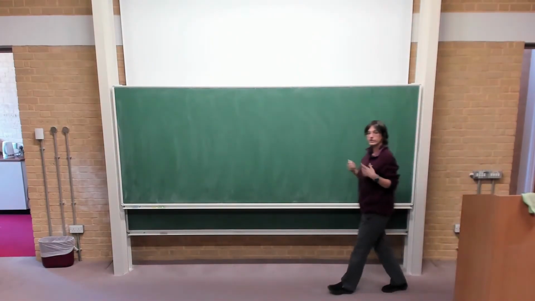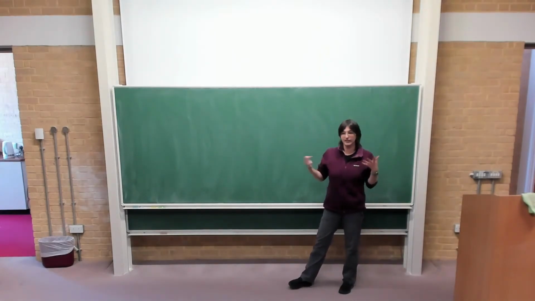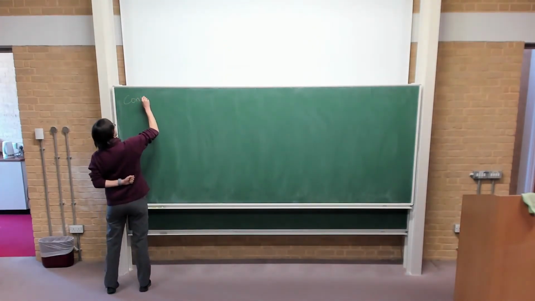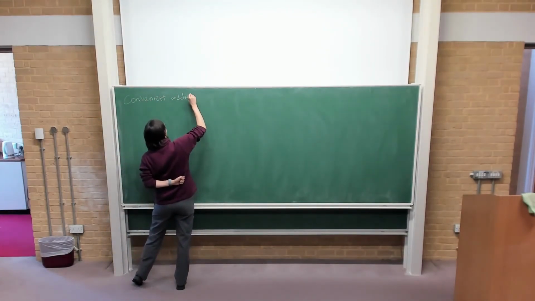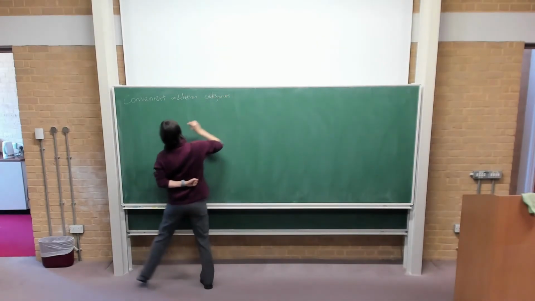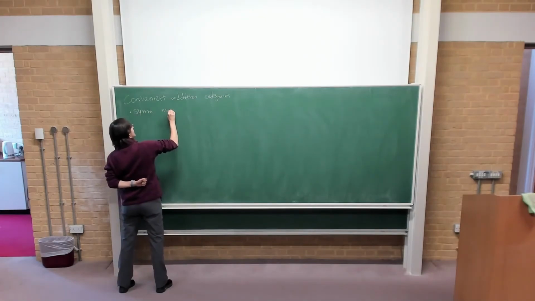And in particular, instead of working with general Waldhausen categories, I'm just going to talk about convenient addition categories, which are called that because addition is convenient. So in particular, they are symmetric monoidal. That's the addition.